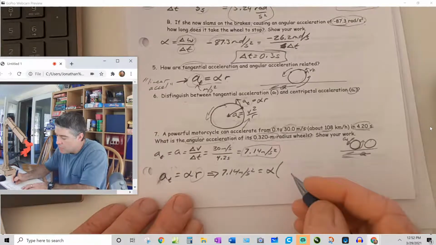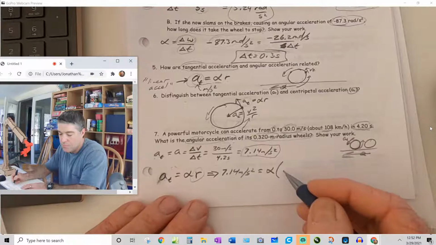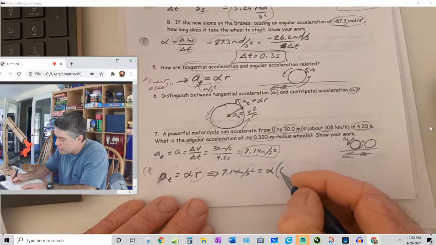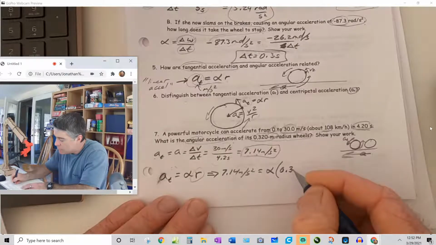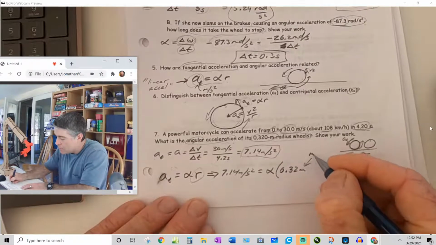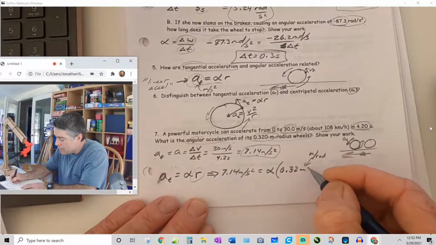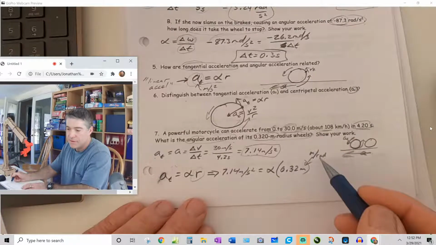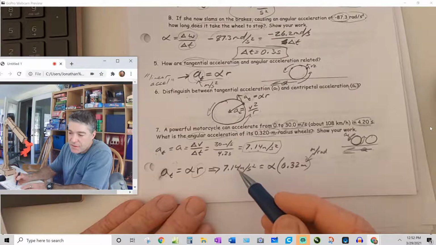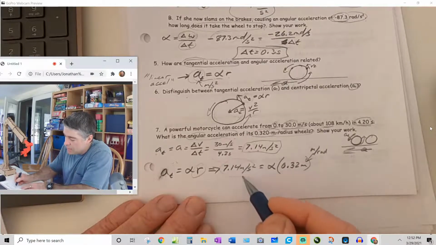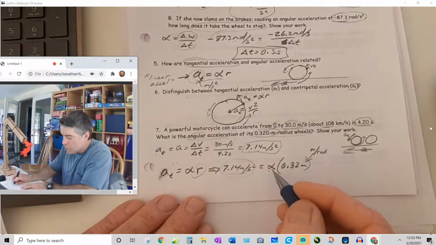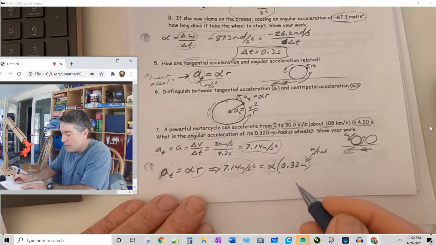But remember when I was saying that it makes everything cancel out properly? If you don't call this 0.32 meters, but you think of it as meters per radian, because otherwise the units just won't work out. But if you trust in the fact that linear or tangential acceleration equals alpha times r, and you just know what the units of these need to be, it's going to work.